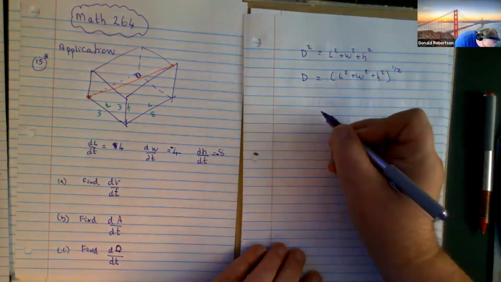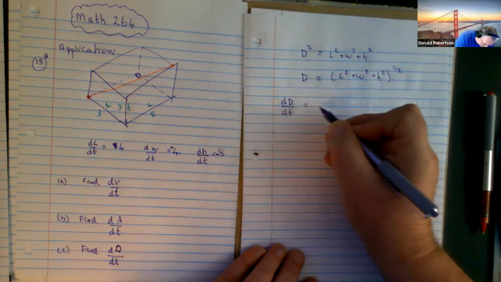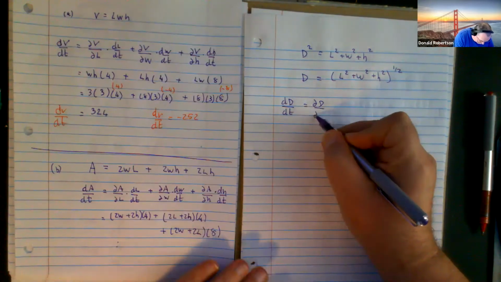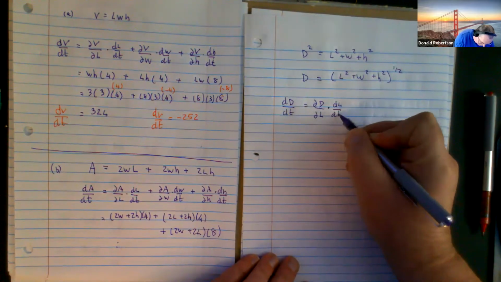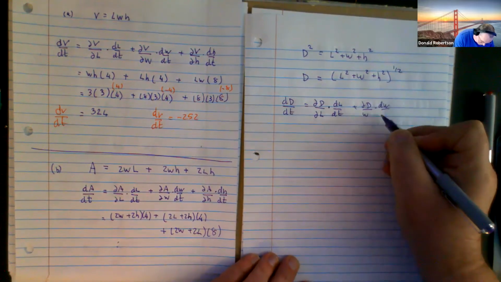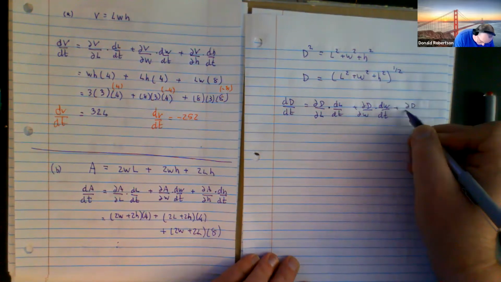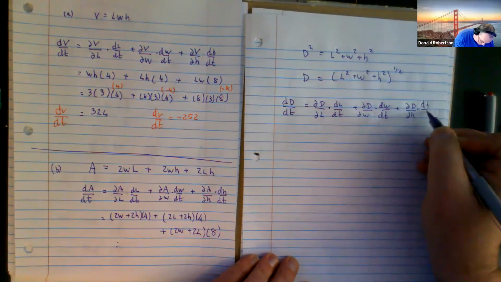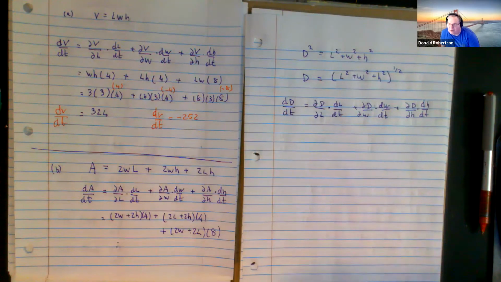And if you want to find the rate of change of that with respect to t, you are going to do exactly the same as we did all the other times. You're going to do a partial derivative with L, dL by dt, plus a partial derivative with W, dW by dt, and lastly a partial derivative with respect to H, dH by dt.